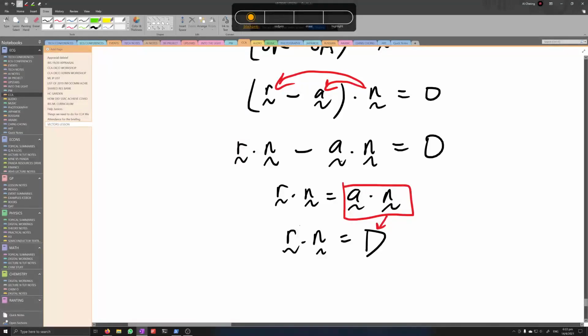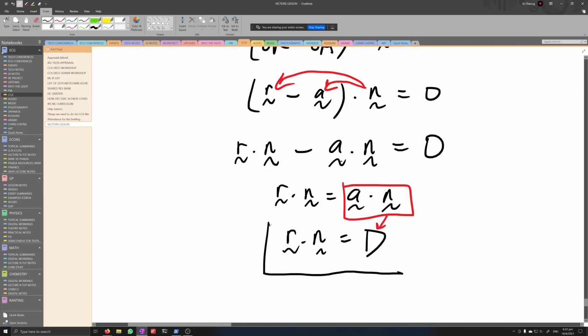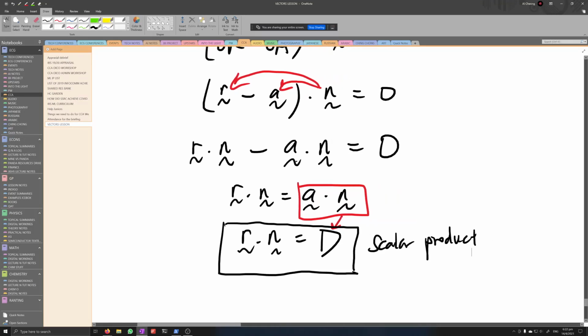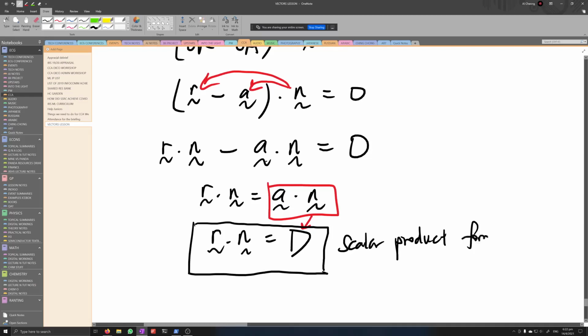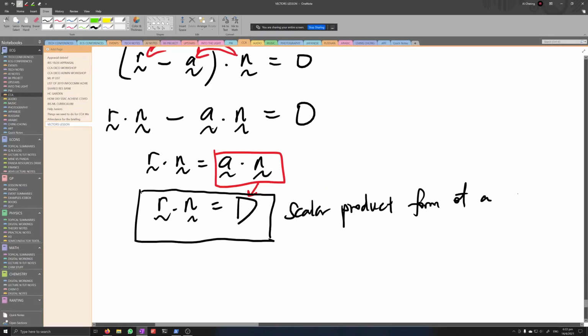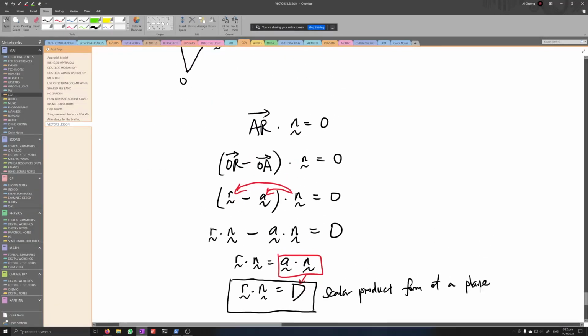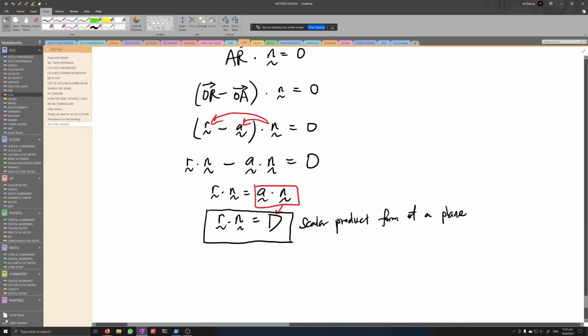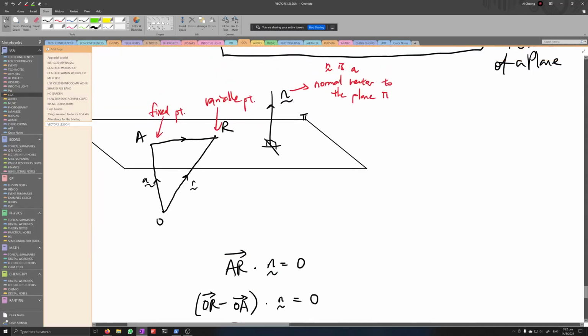This right here is the scalar product form of our plane.